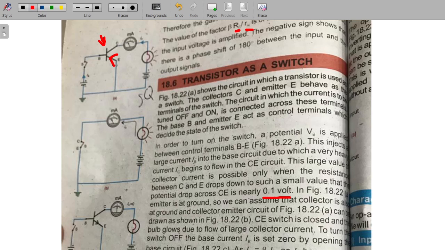Like the collector and emitter have virtually zero resistance among them. Actually, it's not zero, but it's virtually zero, or very, very little. And it allows a large amount of current to flow from emitter towards the collector.